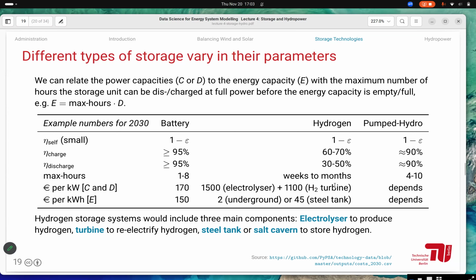Also, a hydrogen turbine has some cost, whereas the cost per euro per kilowatt hour can be quite low if you manage to store it underground, but also much lower than for the battery if you still have to do it in overground steel tanks. So it's more suitable for really storing big volumes of energy for weeks to months, but where you don't have to cycle through charging and discharging many times. And then pumped hydro, the classical technology, depends a lot more on the geography.